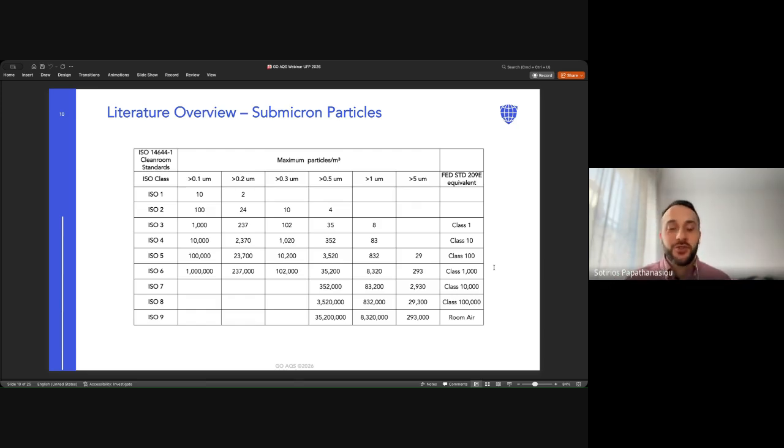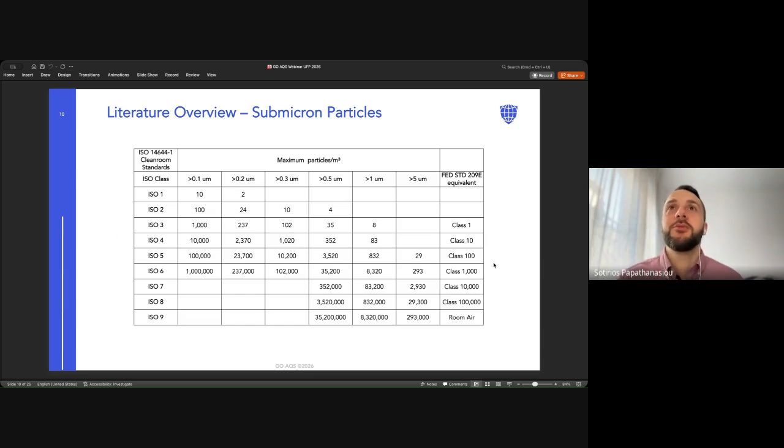I was also trying to find any values that can help us understand the ranges of safety, right? Inside clean rooms, which is the only thing that I could find, this is what is proposed by the ISO and also the US federal standard when it comes to counting the particles and protecting the equipment inside the different clean rooms.